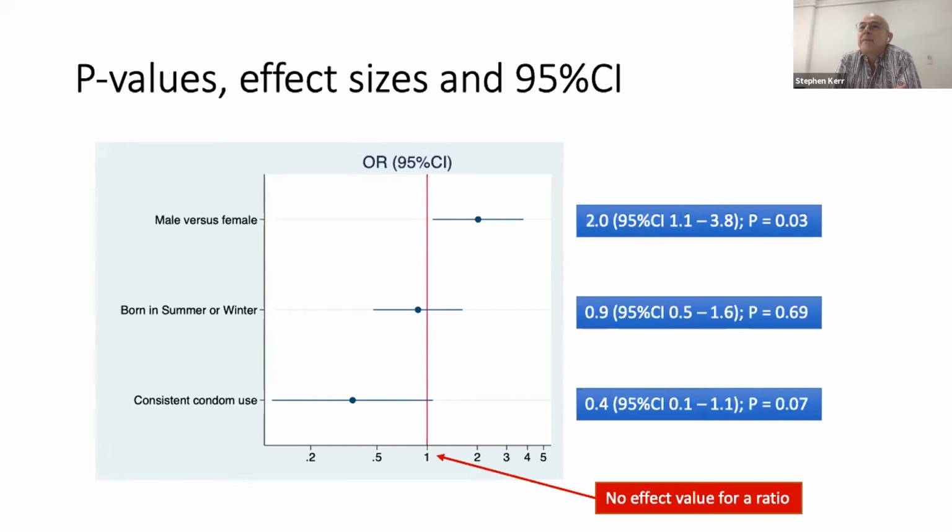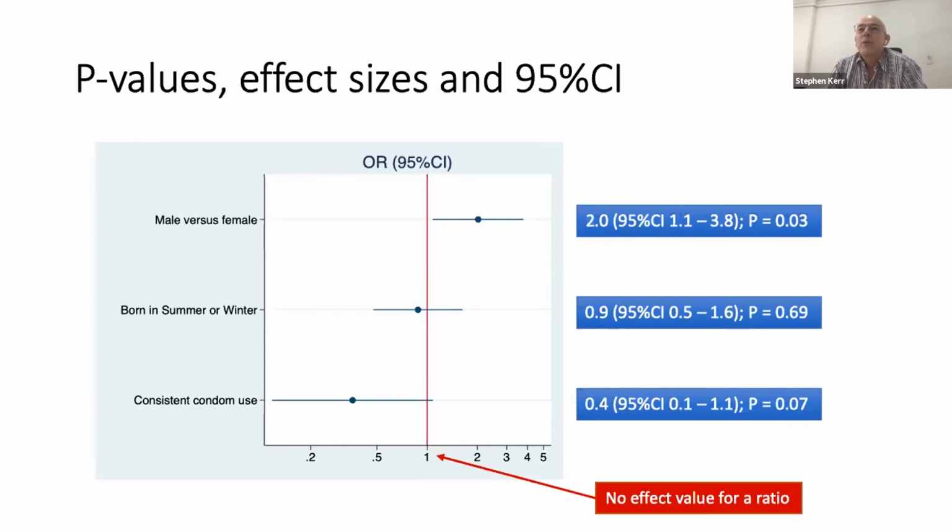If we look at male versus female, we see that the males had an increased risk of having an STI in our data set. And the confidence intervals go from 1.1 to 3.8. So that means that we have a p-value of less than 0.05.